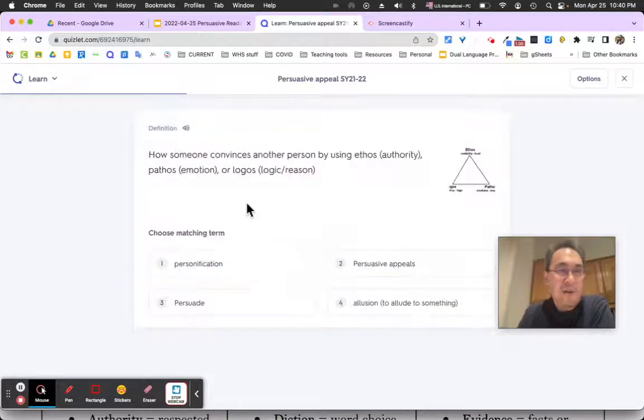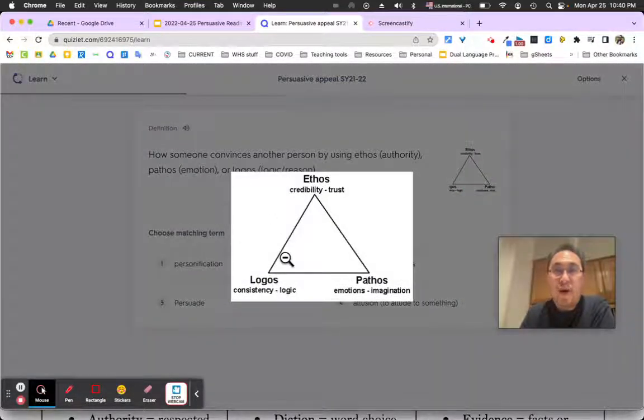That's appeal. So, persuasive appeals here are how we convince another person by using ethos, which is an appeal to authority, pathos, which is an appeal to emotion, or logos, an appeal to logic or reason. This picture shows you how the three different things might be connected, right? Ethos is we trust someone who's an authority, someone that you might trust, as Miss Hollick to teach you US history.